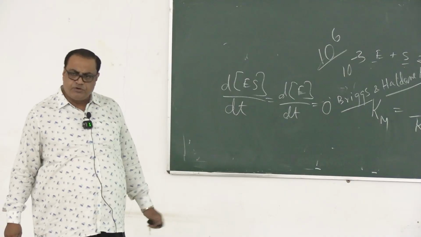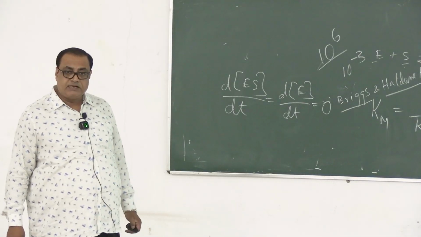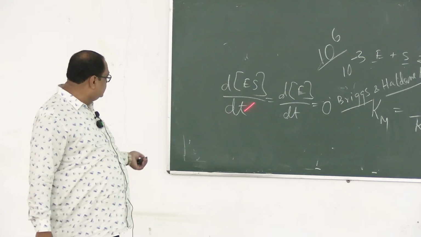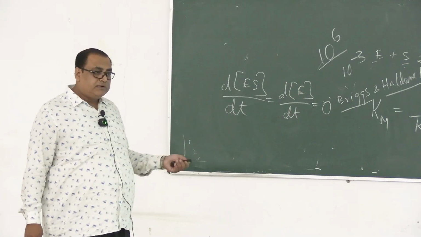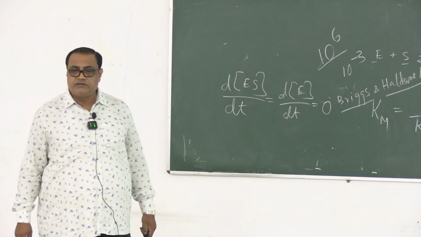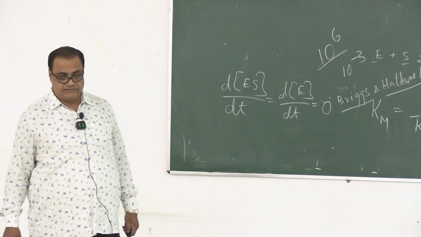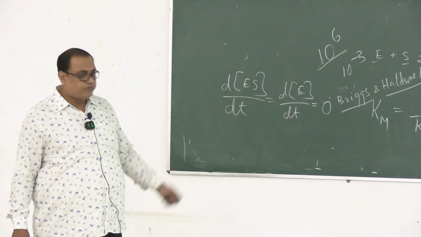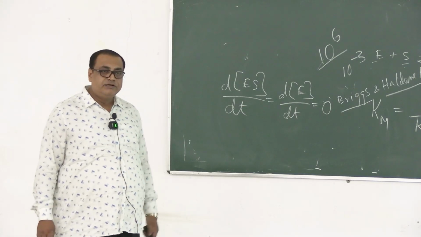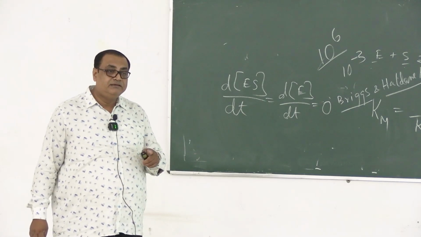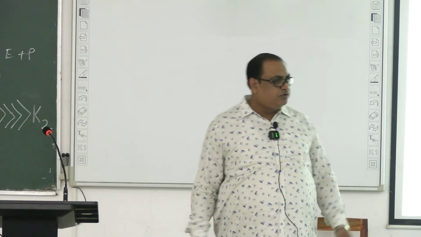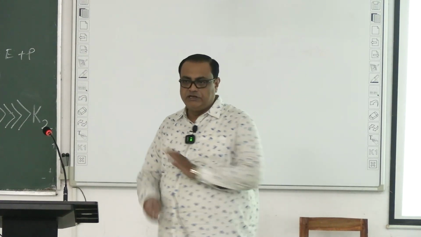The reaction is not taking place? No, reaction is taking place, but at steady state. So when d[ES]/dt and d[E]/dt are 0, but still reaction is taking place, it is called steady state kinetics. Between this point and this point, the reaction shows steady state kinetics.